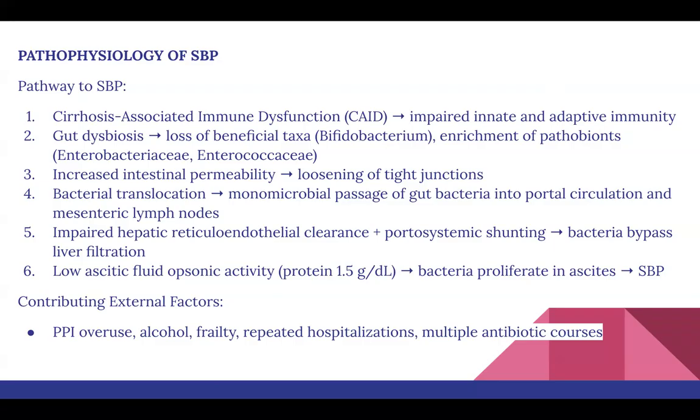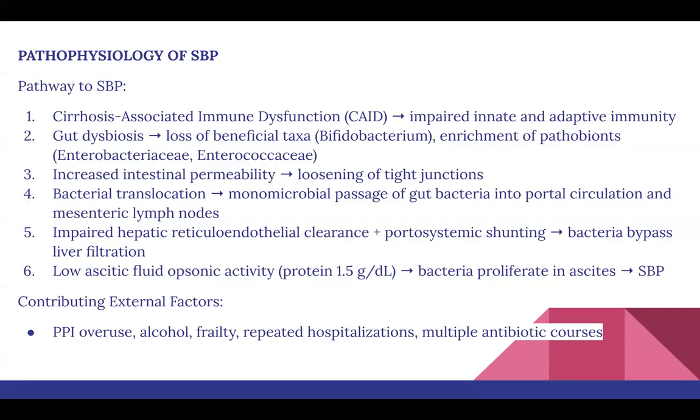Then there's what you call gut dysbiosis, a loss of the good bacteria, the beneficial taxa. We do have pathobionts that live within the organ system, and when there's gut dysbiosis, some of these pathogens grow out of their normal and become infectious. Those would be Enterobacteriaceae and Enterococci.